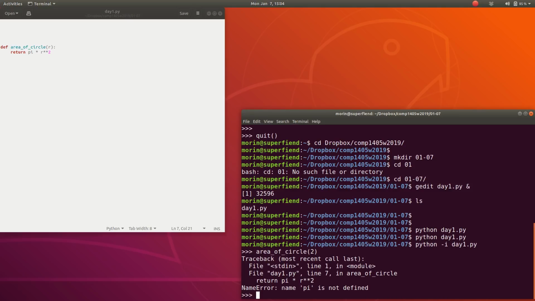Okay. So we need to define pi, or we can just put in the value of pi there instead. So let's do the simplest thing. Just write the value of pi in there. So what is the value of pi?